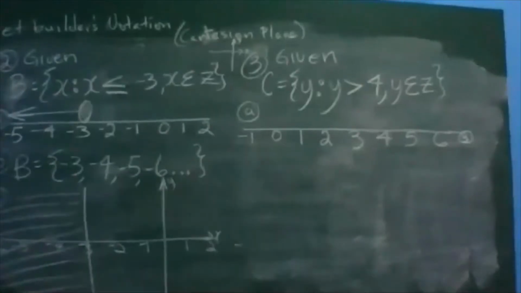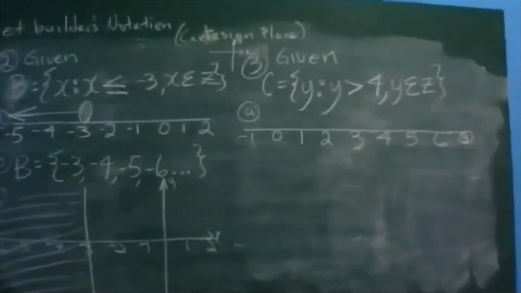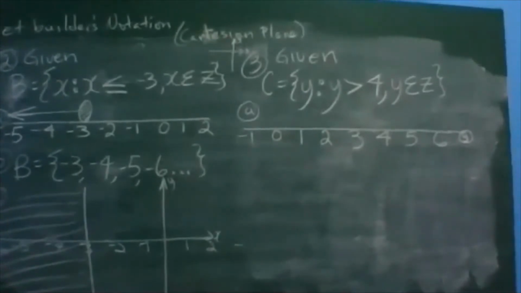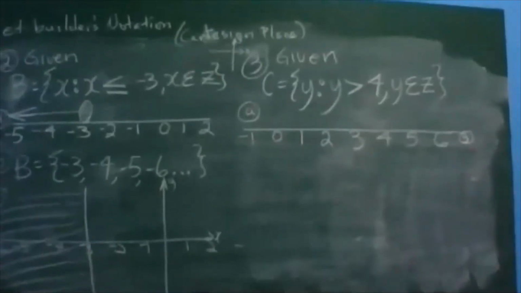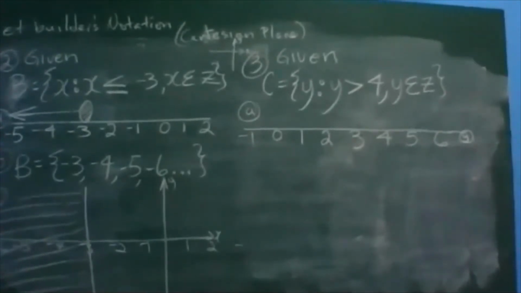It's not any letter, except either x, y, or z. x is the only one that doesn't take a symbol because it is understood we're dealing with x. Any letter, either y or z, you have to indicate it. I will never give you one with z, at least not in high school.